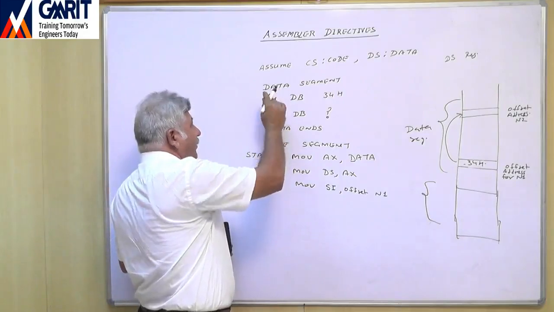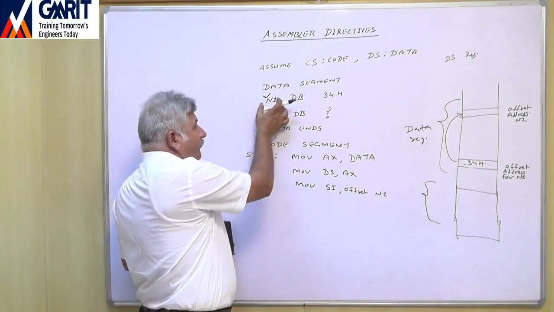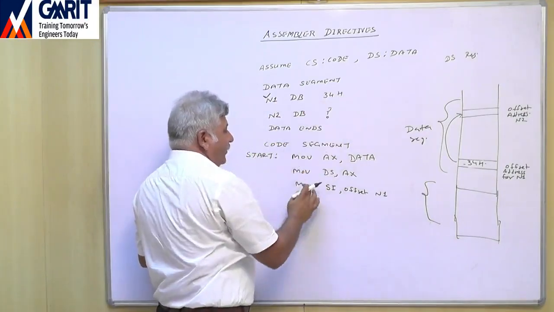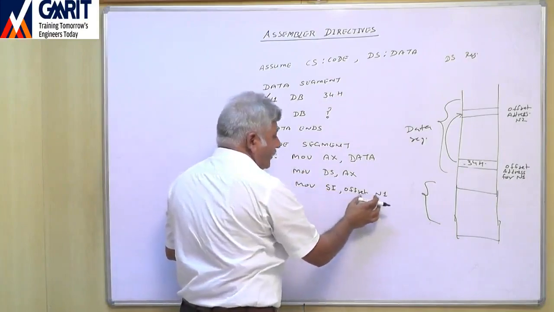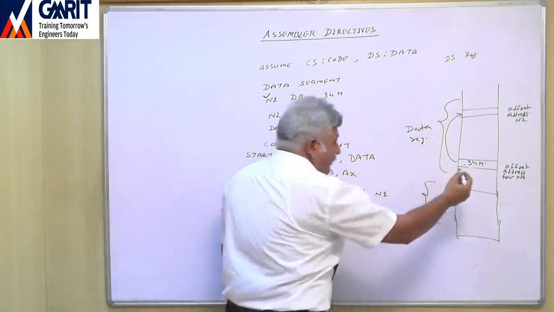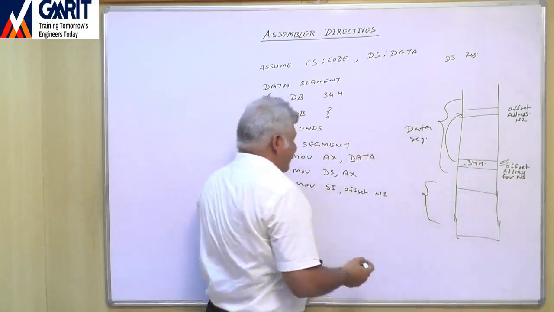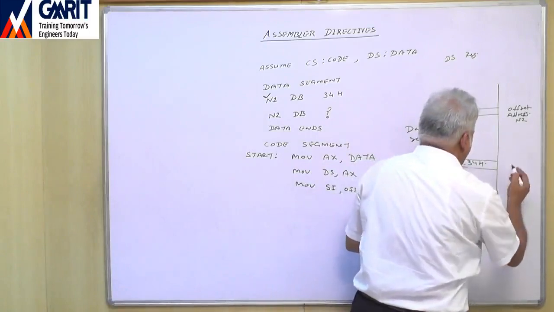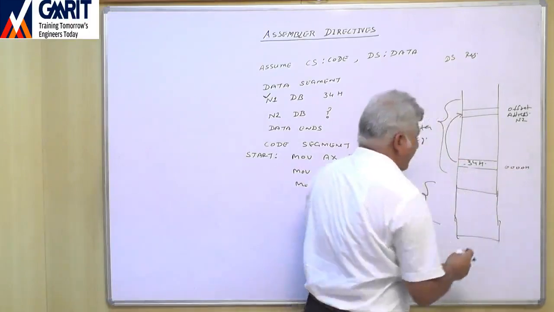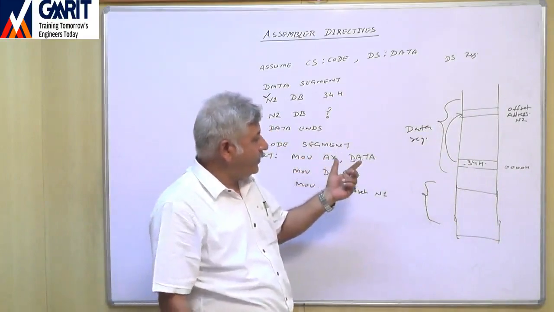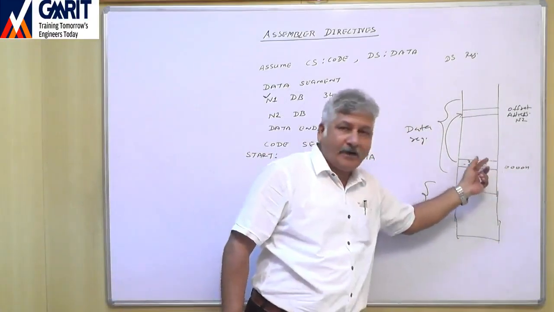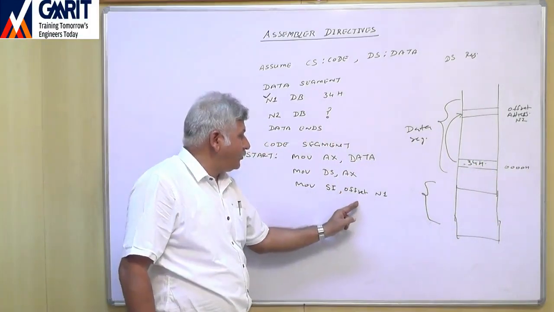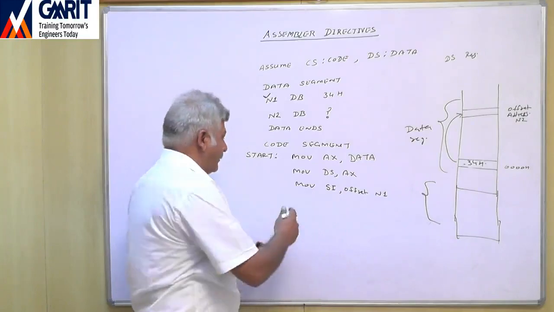N1 defines the offset address of my byte 34. So with the instruction MOV SI, offset N1, this address will be stored in SI. Let us assume our assembler has defined the offset address 0000H for my data 34. So 0000H will be stored in the SI register.